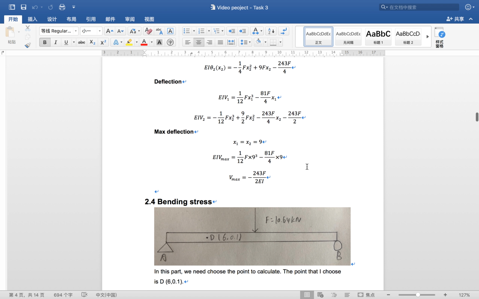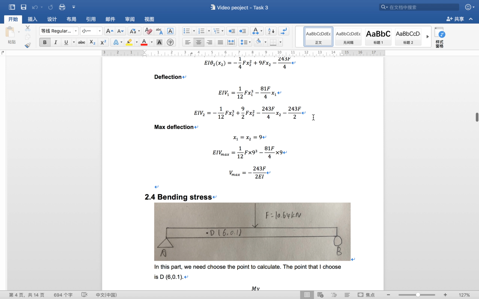And the second part of the deflection is minus Fx cubed divided by 12 plus 9Fx squared divided by 2 minus 243 times Fx divided by 4 plus 243 times F divided by 2.